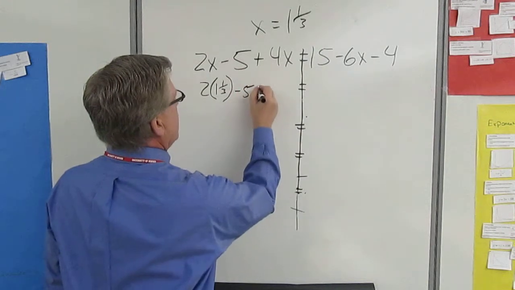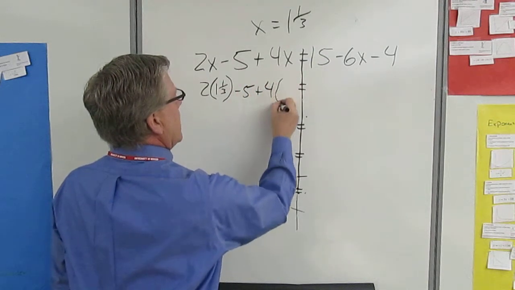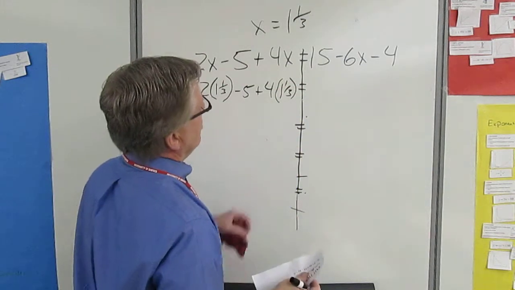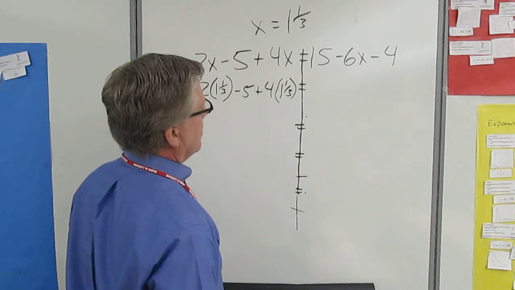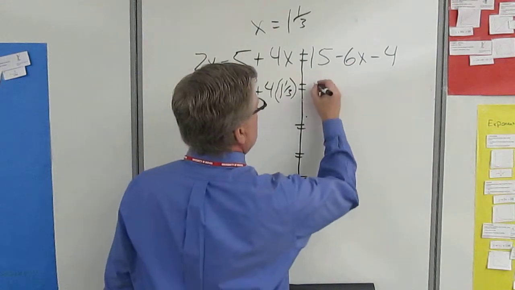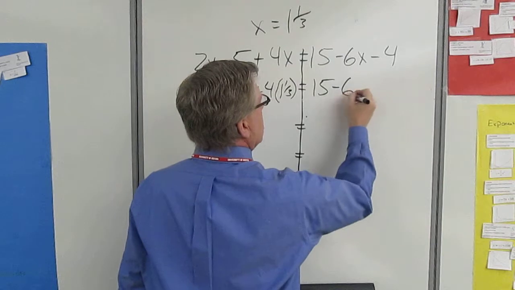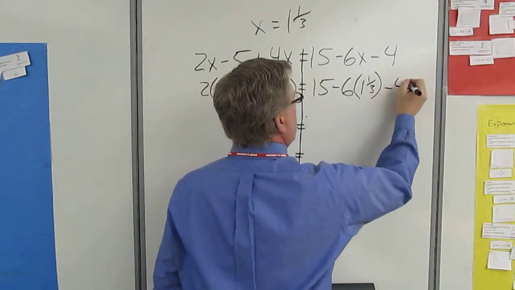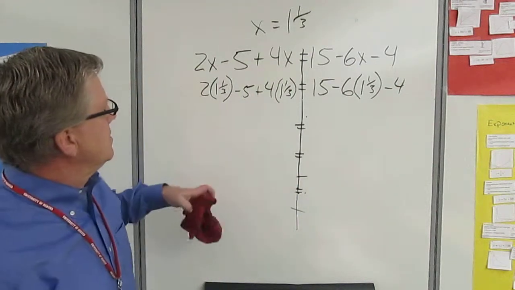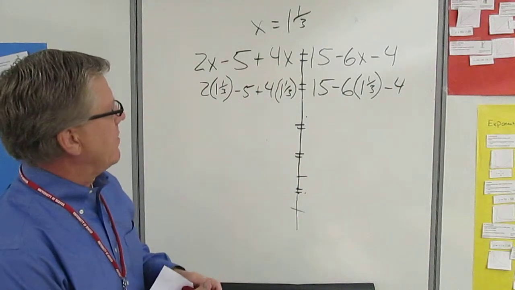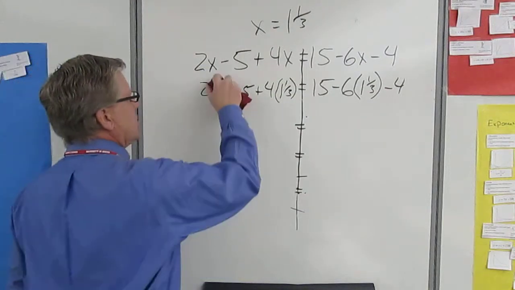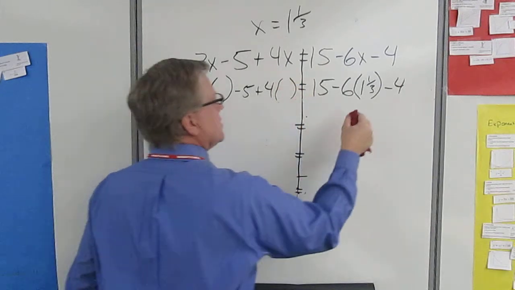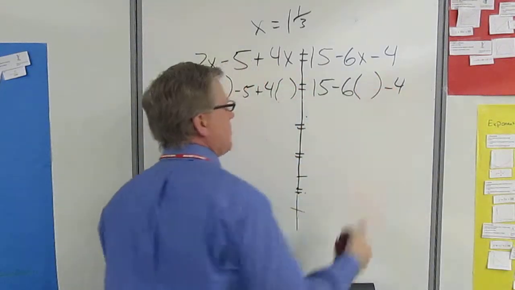Minus 5 plus 4 times 1 1/3. But, we're going to switch this. We're going to make it 4/3 here in a minute. 6 times 1 1/3 minus 4. Okay? We're going to change this. In fact, we'll do it right now. We'll make it easier. We're going to make it 4/3, which is the same as 1 1/3. Okay? It just makes it easier to multiply, divide, add, whatever we need to do.